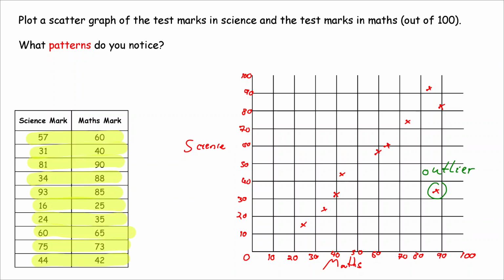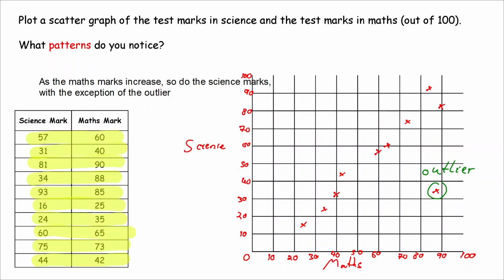Okay, so what pattern do you notice? Just quickly, I'll type up over here. The pattern is something like this. As the maths marks increase, so do the science marks, with the exception of the outlier, the point in green, which if we look at our data, is the point 88, 34.